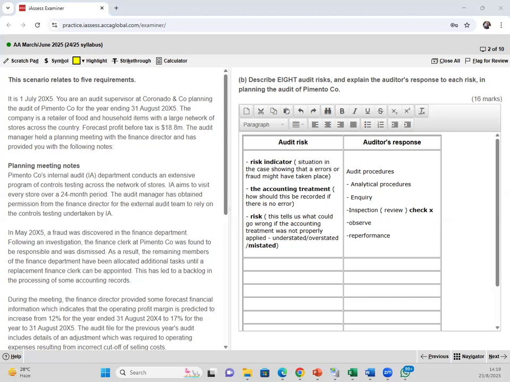In this case, I think there's a risk. The internal audit department only visits the stores after a 24-month period, which is a longer period. It's almost 2 years. The stores should be visited regularly, especially once a year. Therefore, there's a risk that some errors or fraud may not be detected early. Okay.